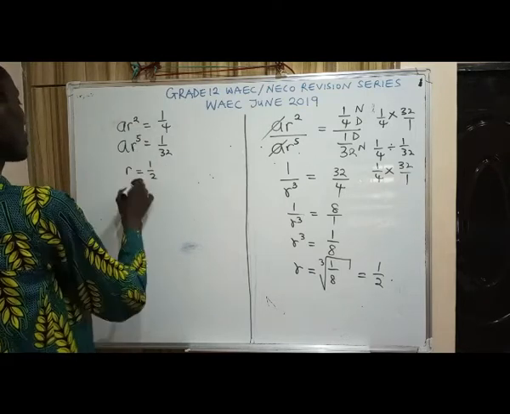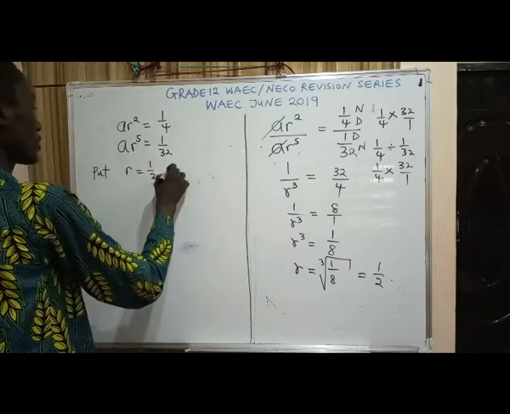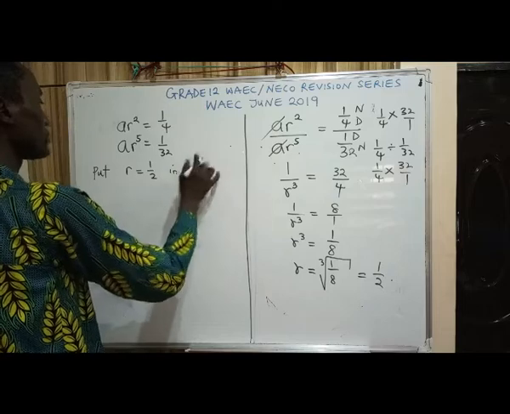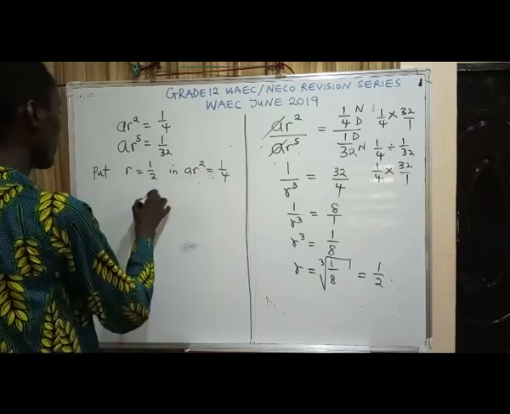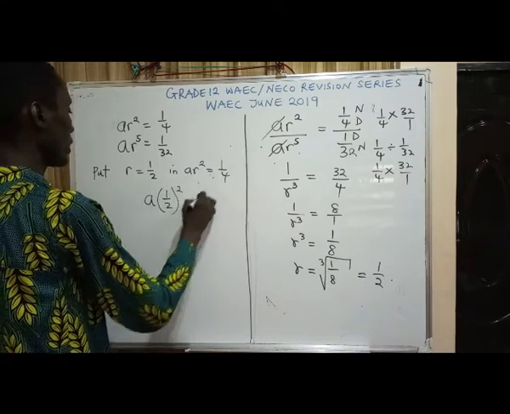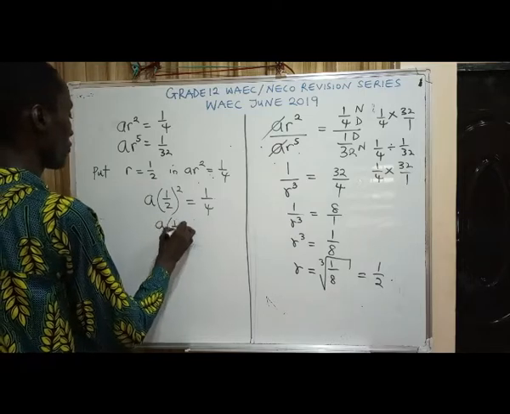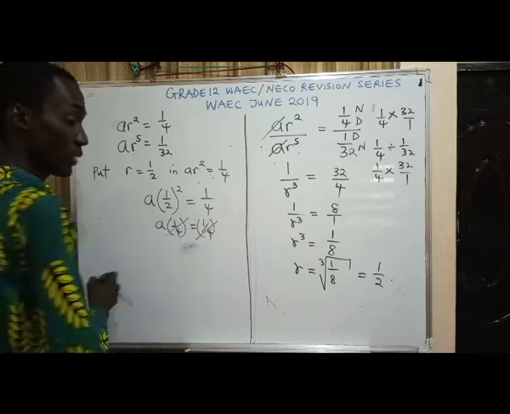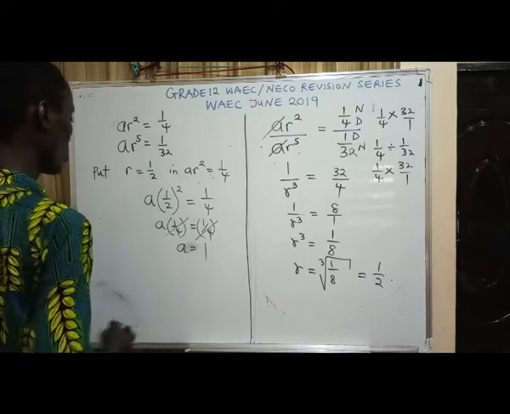So I will put R equal to 1/2 in AR raised to the power of 2 equal to 1/4. So what that means is that I'm going to have A times 1/2 all squared equal to 1/4. This will mean that A times 1/4 will be equal to 1/4, and invariably these two will cancel out, and A will simply be 1. So A will be equal to 1.